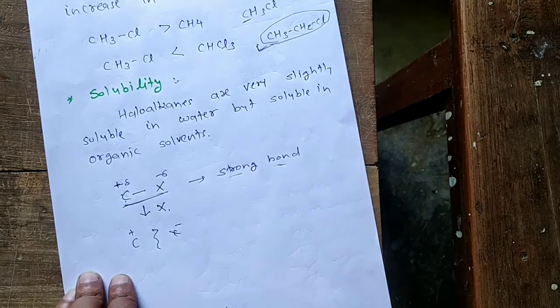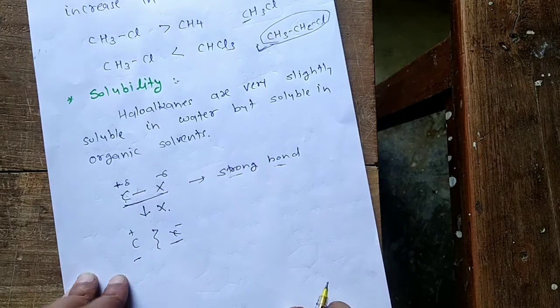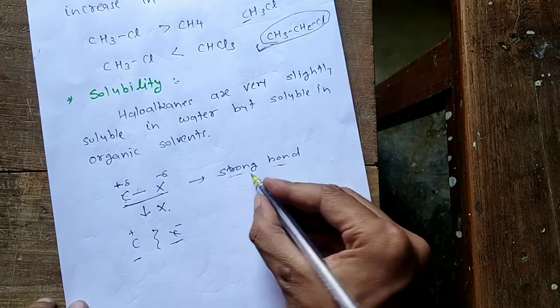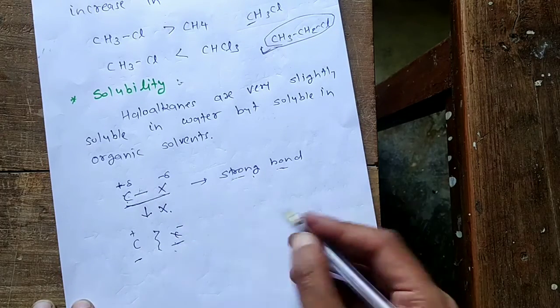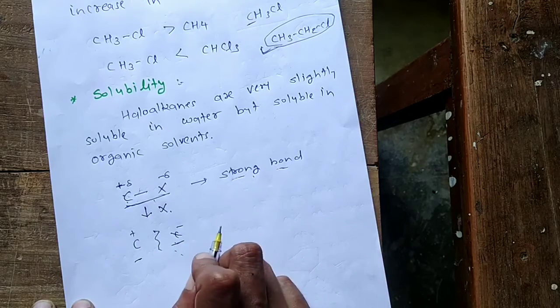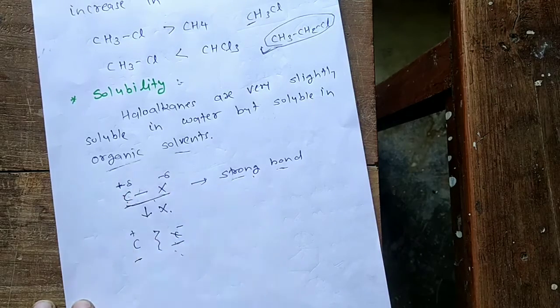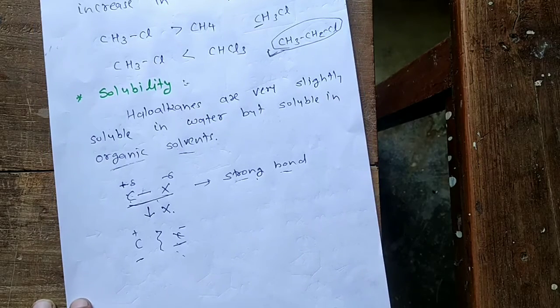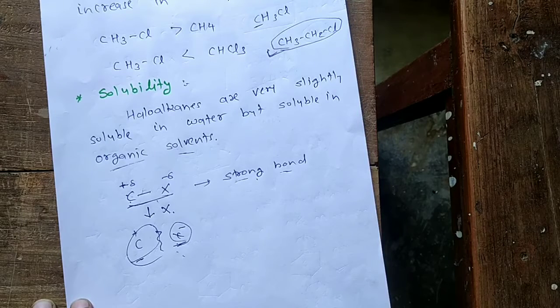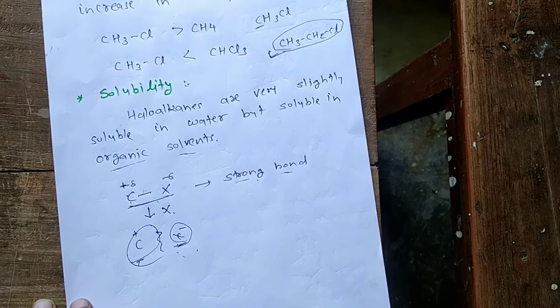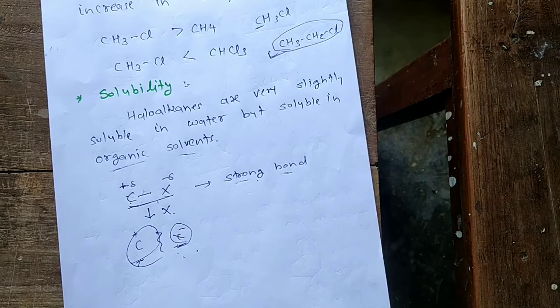To dissolve it in water, we have to break that bond and make ions, but in water the bond is strong, so the bond does not break and it does not make any ions, so it is insoluble in water. But in organic solvents they get enough energy, so they can make 2 ions. So it is soluble in organic solvents but almost insoluble in water.